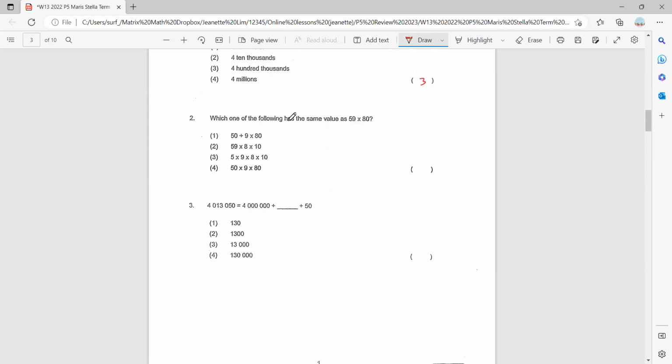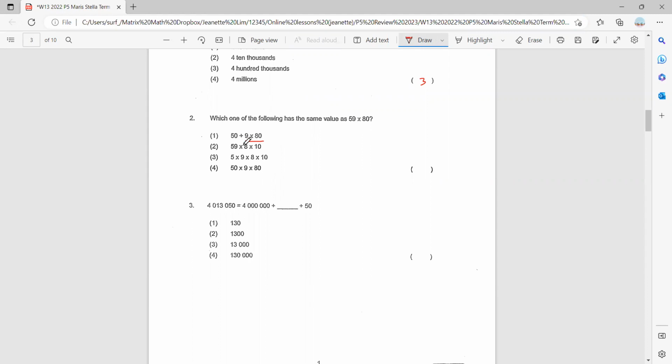Then question 2, which of the following has the same value as 59 times 80? Let's look through all the possible answers. If you have a times, you're going to do that first, right? So this one is not really 50 plus 9 first. So I cannot say that this is actually 59 times 80, because if you put it like that, it's actually 9 times 80 first.